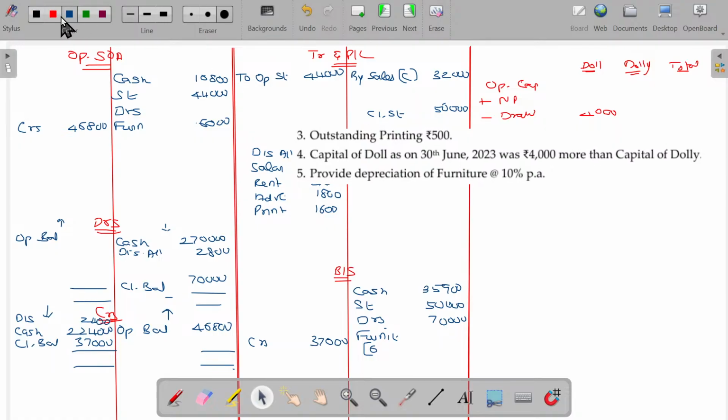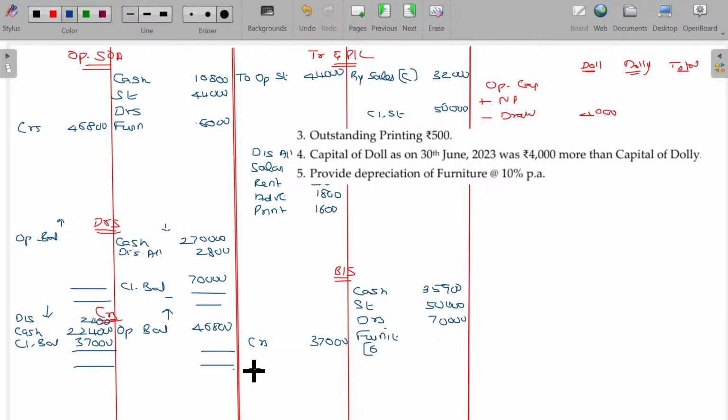Printing 500 outstanding. Outstanding printing expenses, liabilities 500. It will be added with the printing expenses 1,600 plus outstanding 500, so now the printing expenses being 2,100.